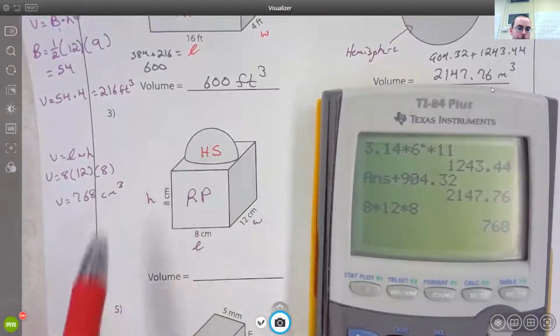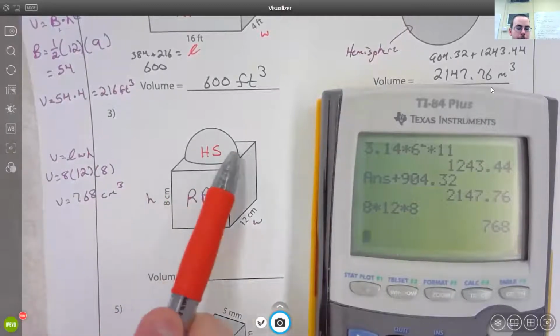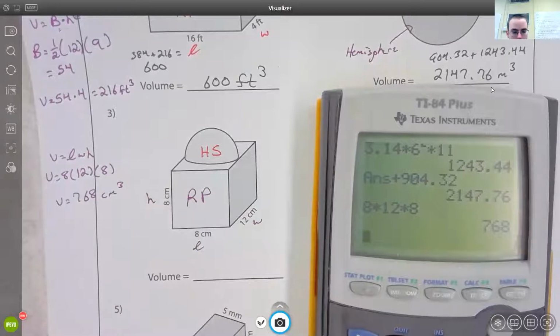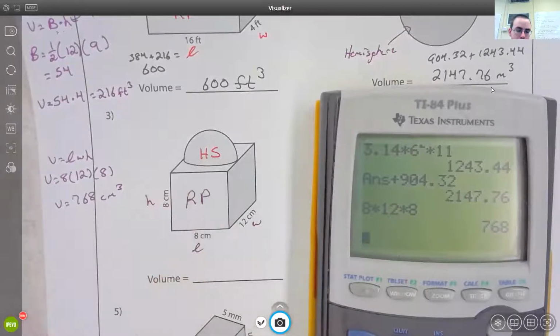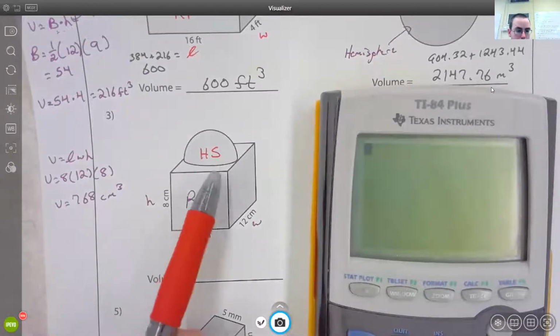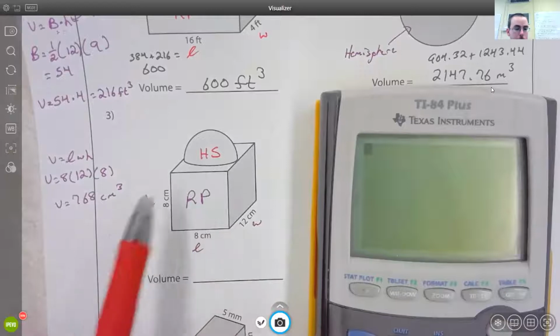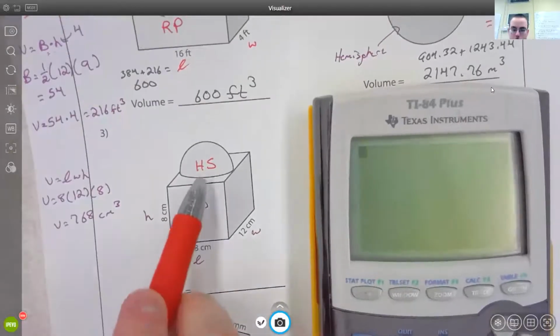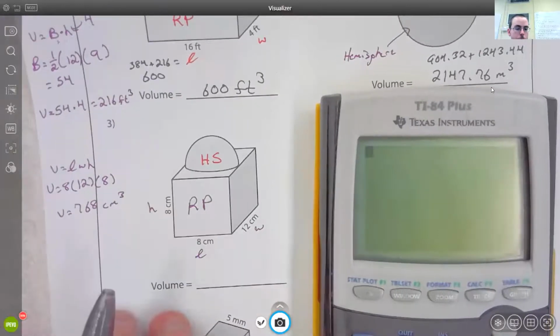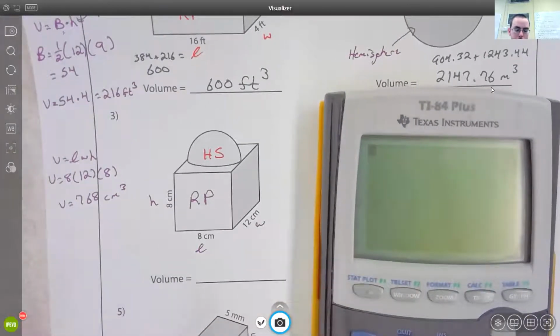That's your diameter. So here, that side would be equal to what? Well, the diameter would be equal to 8. This side's 8. This side would also be 8. So your radius, though, is not 8 because your diameter is 8. Remember, your diameter is twice the radius. So for the hemisphere's volume, we're going to have to use a radius equal to 4.